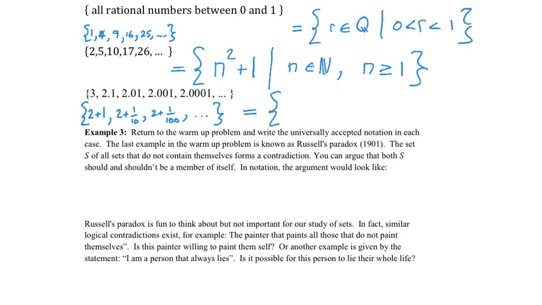So we have 2. What do the things in the set look like? They look like 2 plus something. Okay, what is my something? It's going to have to be a power of 1/10. So depending on which stage along this pattern we're at, will tell us how far we go. So we need to describe this with my conditions.